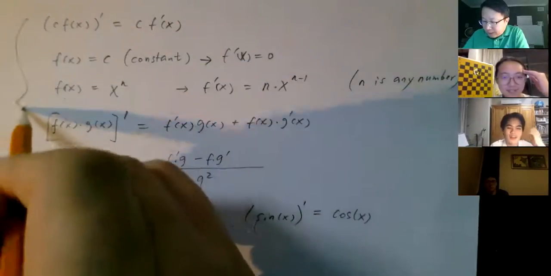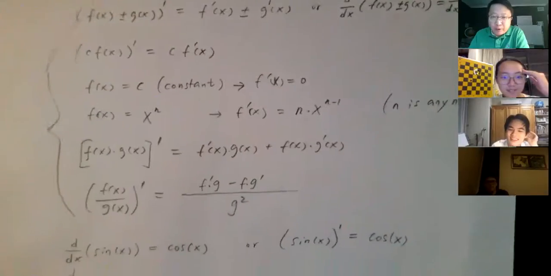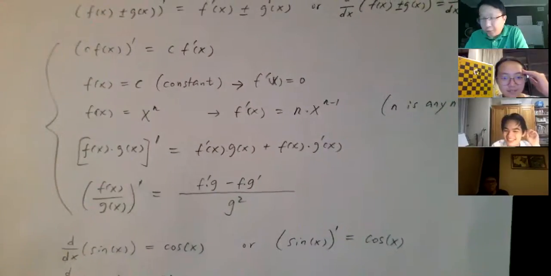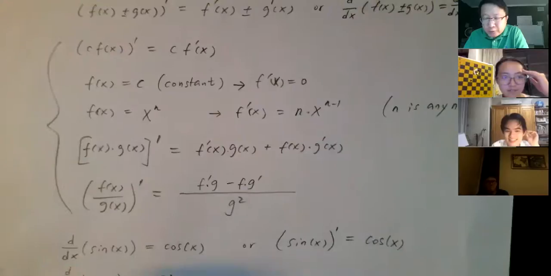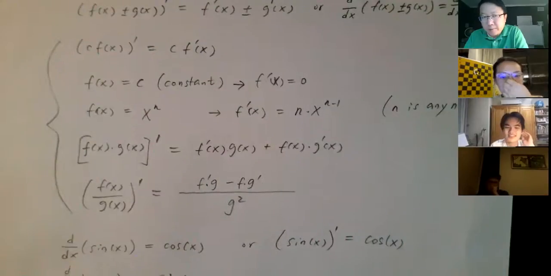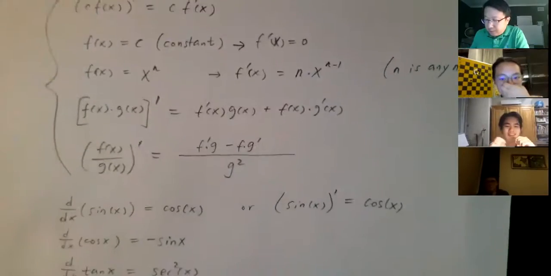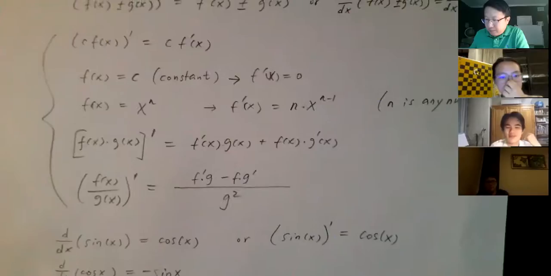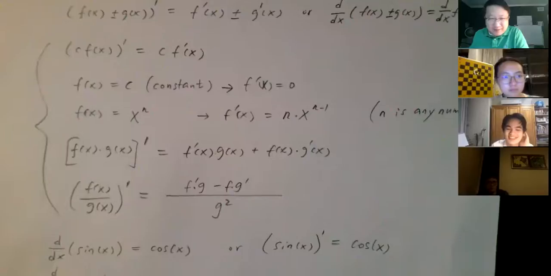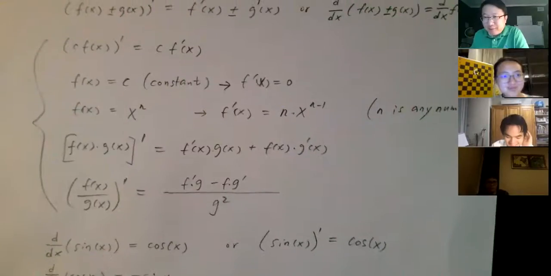Our math teacher taught us to remember the quotient rule as high D low minus low D high over low squared. Yeah, whatever helps you remember.